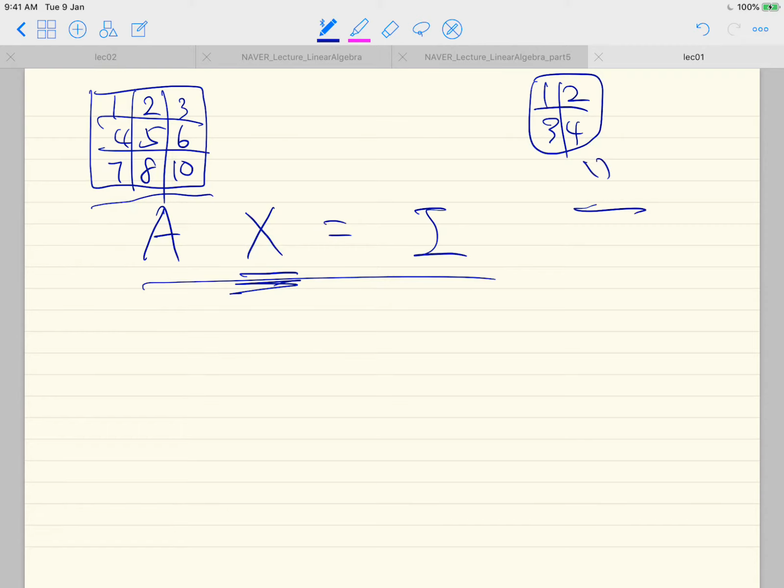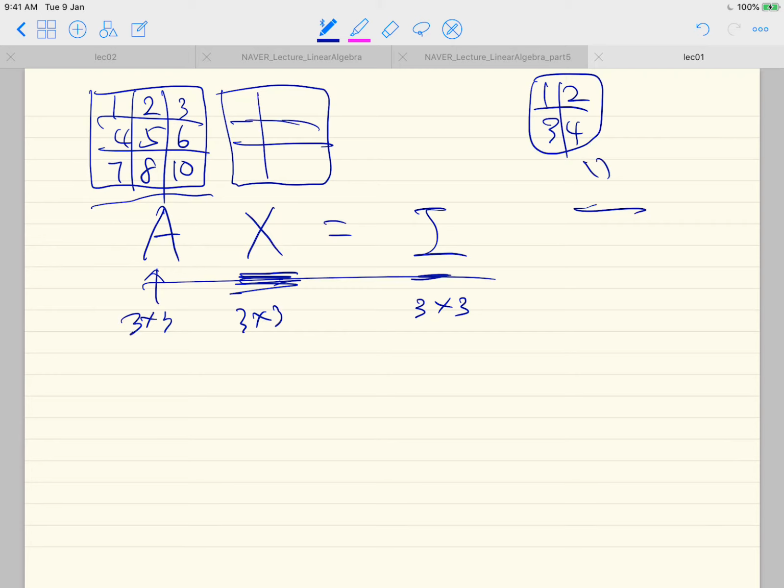Suppose we are given this matrix A and we want to compute its inverse matrix. We want to find the matrix X which, when multiplied on the right, produces the identity matrix, right? We know that if A is 3 by 3, then X is also 3 by 3, and I is a 3 by 3.